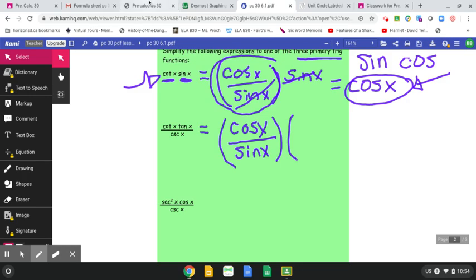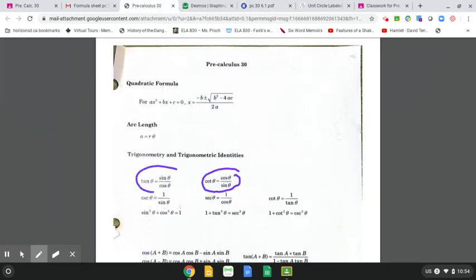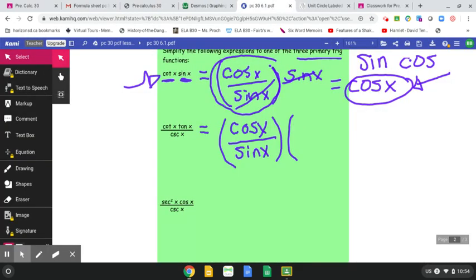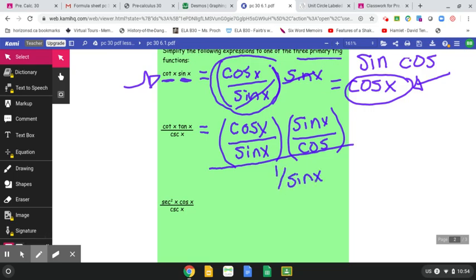Now back here, tan is sine over cos. Anybody keying into anything here? Sine over cos. And then that's all over cosecant x. Now cosecant x is 1 over sine, the reciprocal of sine.